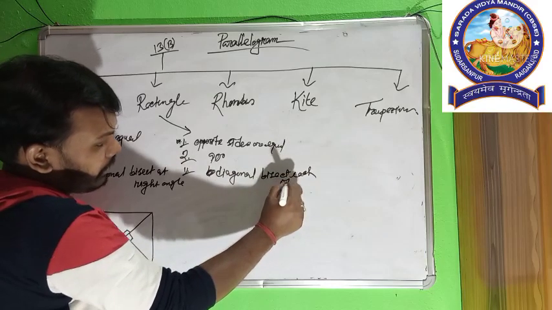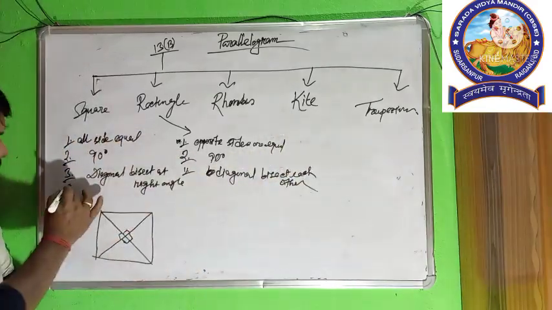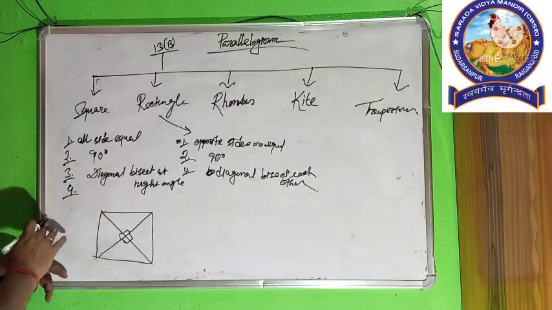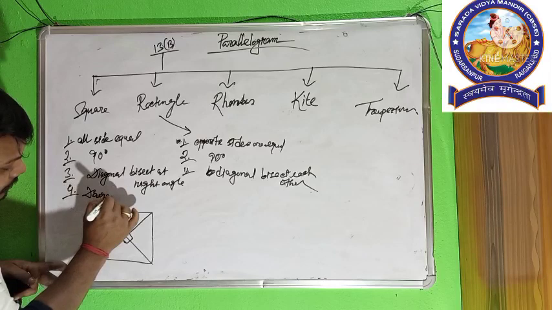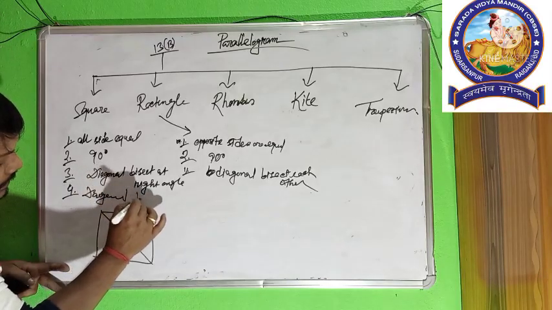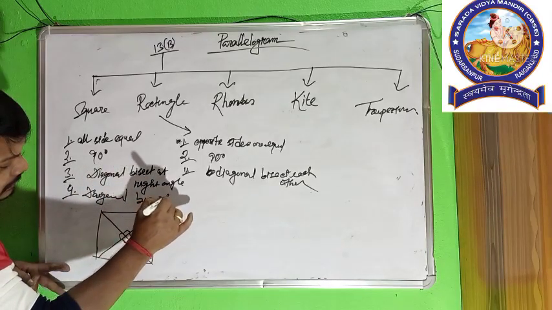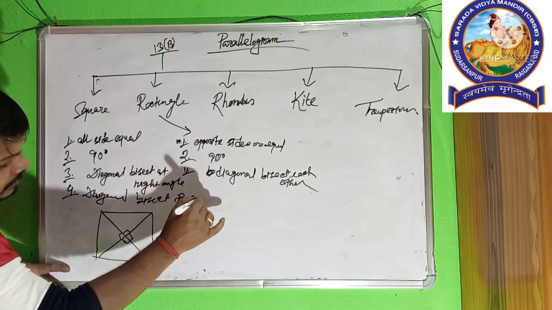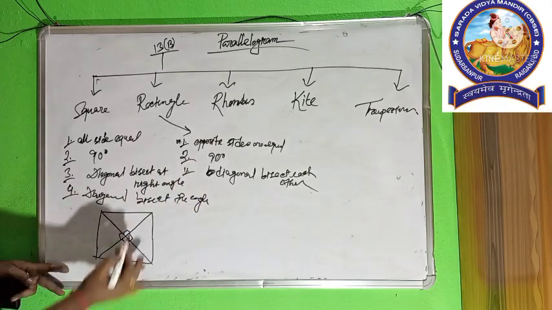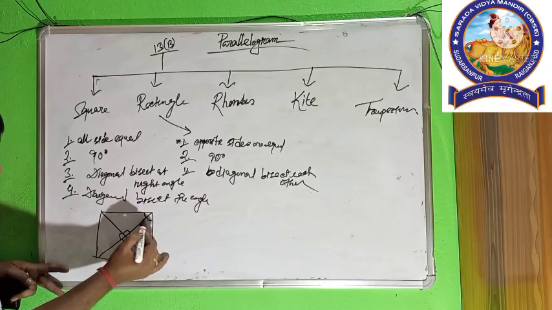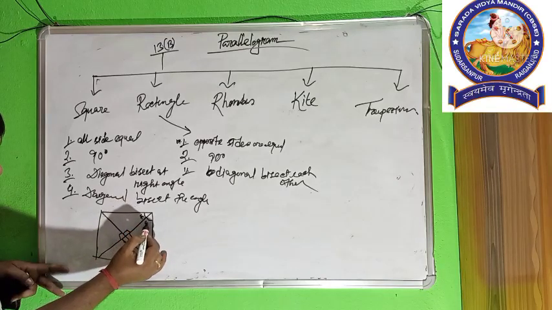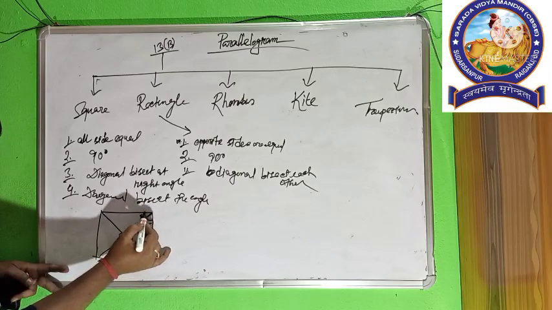Here you can add one more property: the diagonals also bisect the angles. Since the total angle is 90, each part is 45. The diagonals also bisect the angles.